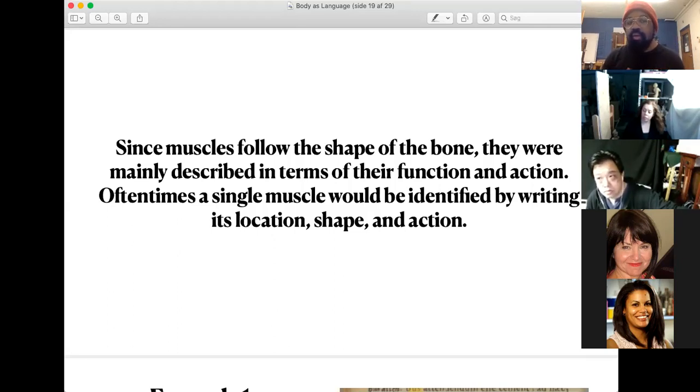And I think as artists, we're really good at that. And with the muscles, I think just by describing its location, shape, and action in the same way we would draw its shape, we always reduce things to shapes. I think those two things are quite the same.